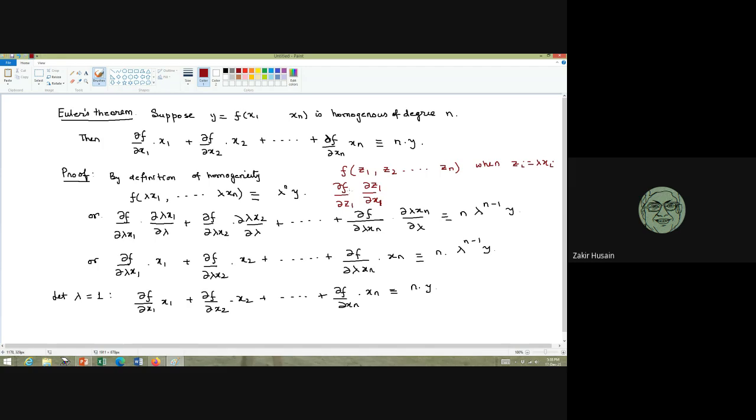This will lead to a change in f, right? Then I'm simply putting in the value of z, which is lambda x1. So del z1 by del lambda.